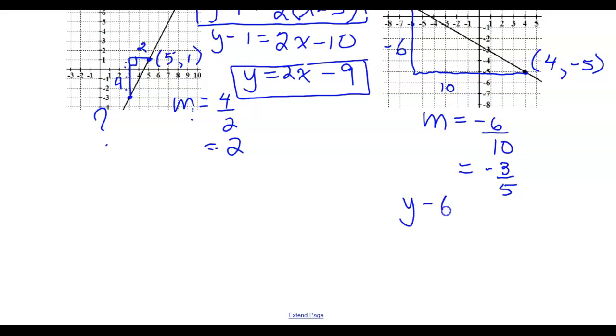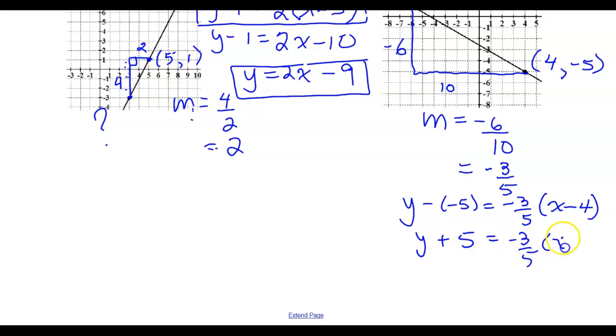Now y minus negative 5 equals the slope, bracket x minus 4. Now if you can do the minus negative 5 in your head, do it. Otherwise, take another step to simplify that. So that's the slope point form.